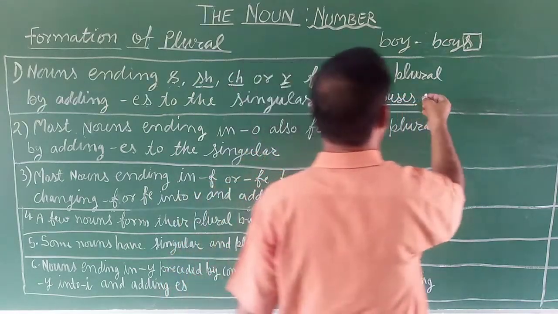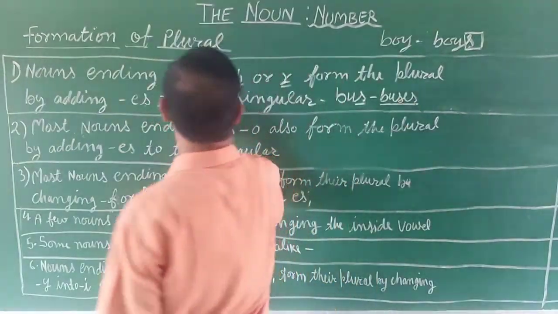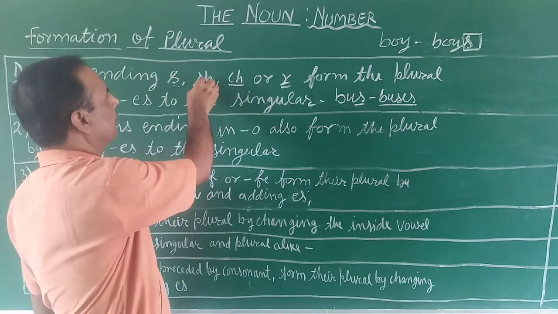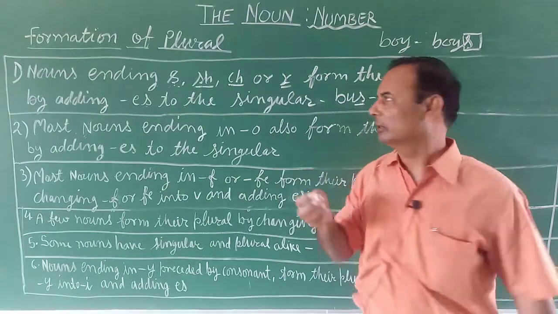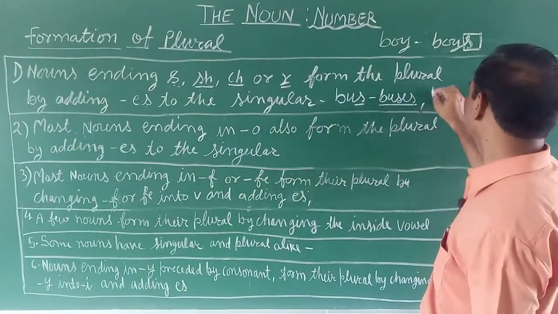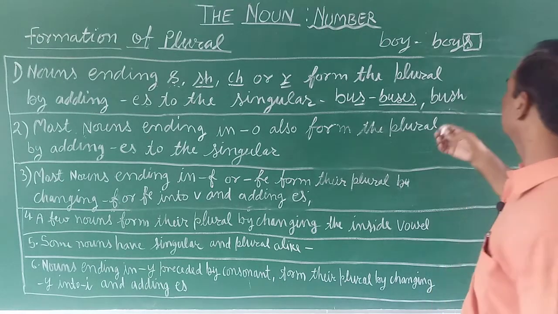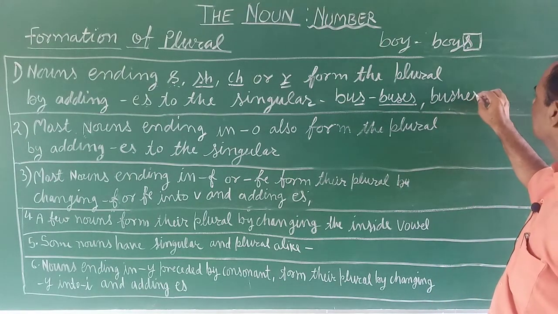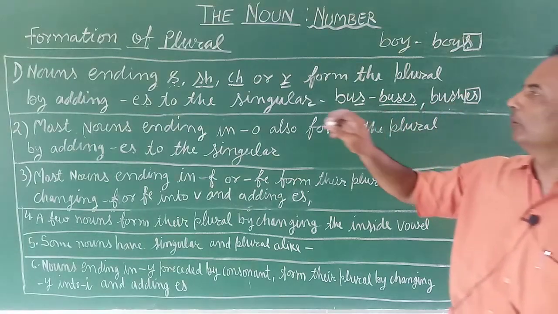As class, ending with S, so we have to use ES to make it plural, classes. And here SH, so if ending with SH, we use ES to make it plural. Clear to you?